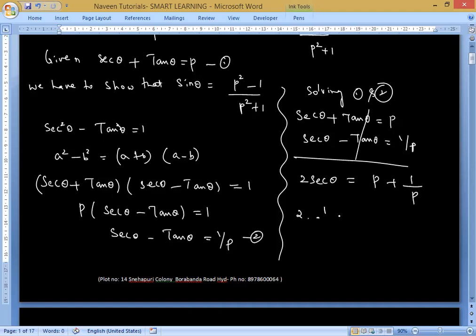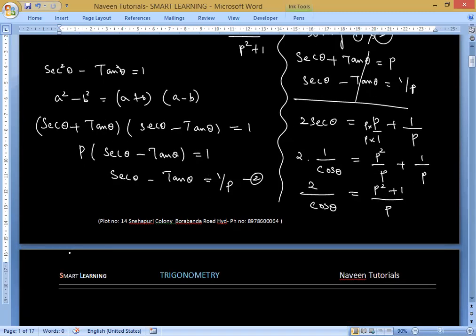2 secant theta can be written in the form of cos theta. Here there is no denominator for P, so take the LCM. P means P square by P, plus 1 by P. So 2 by cos theta is equal to (P square plus 1) by P. Both the denominators are same.